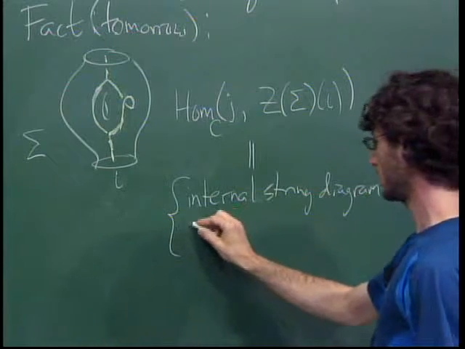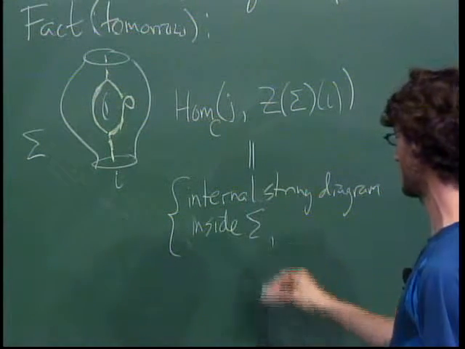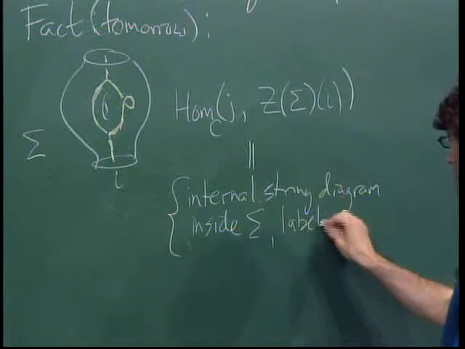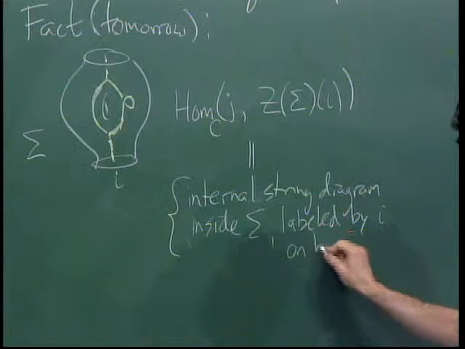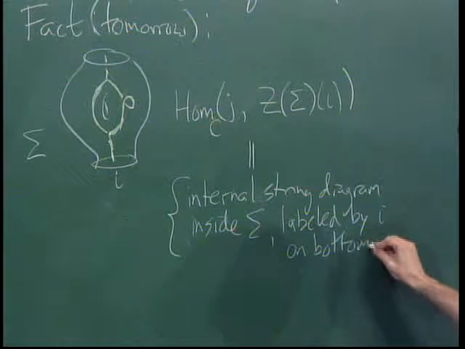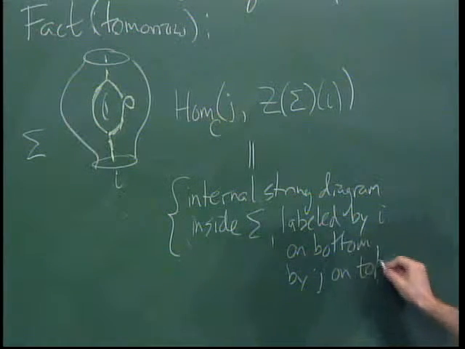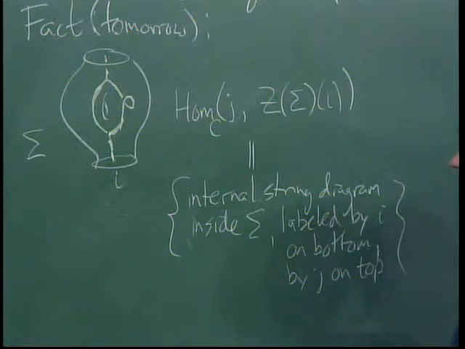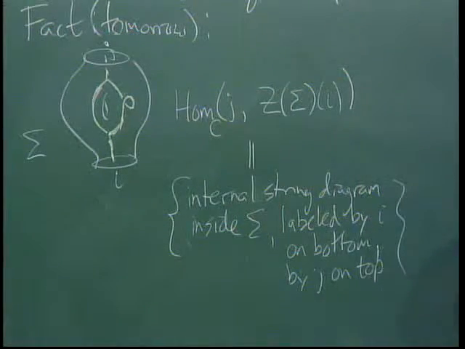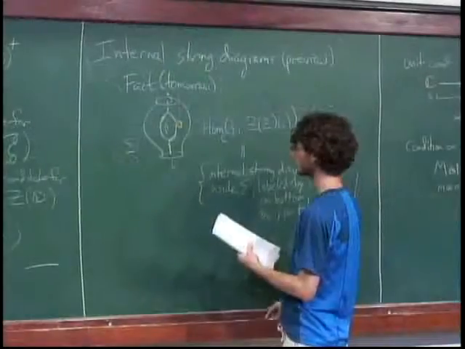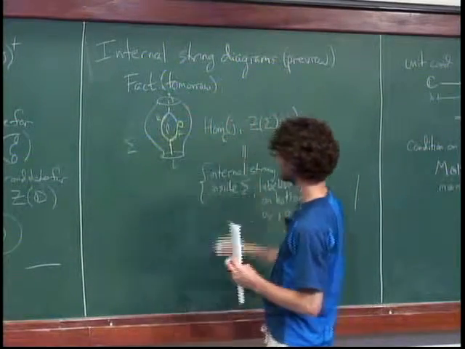That's inside the surface sigma, and it should be labeled by I on the bottom and by J on the top. So I need to label this top strand J, and all the internal edges need to be labeled as well. So this one might be K, and this one might be L.